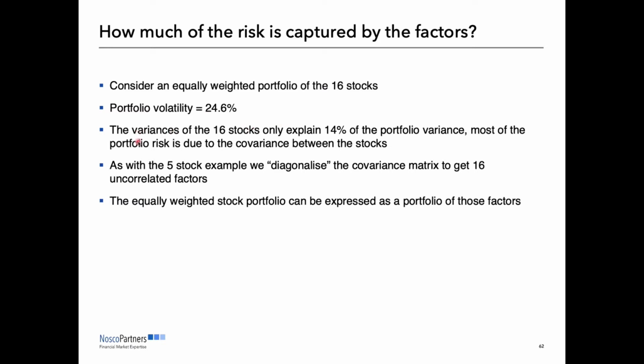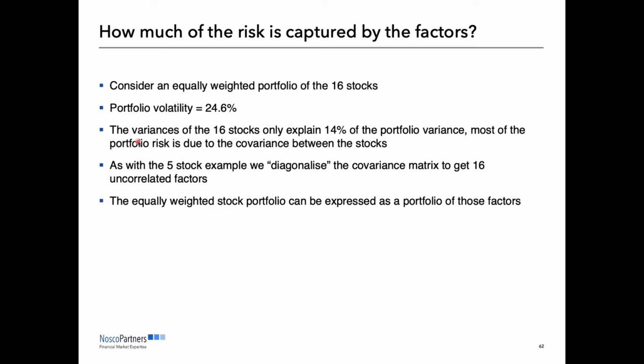When I then look at the variances, I see that the variances of my stocks only explain 14% of the variance of my portfolio, and most of the portfolio risk comes from the covariances.